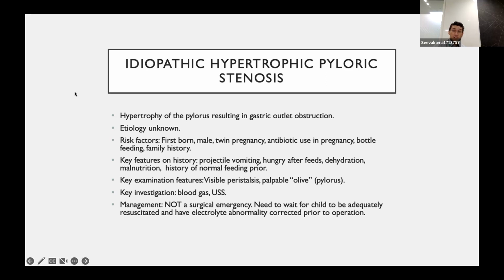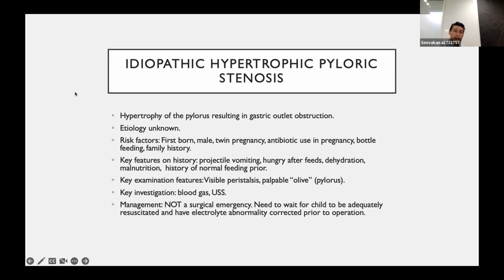The key features on the history we've talked about, so it's the projectile vomiting. The one thing that we didn't talk about, which is really sensitive to pyloric stenosis, is a parent will say, my child vomits heaps, and then they're immediately hungry after the vomit. The reason they're hungry is that they haven't absorbed any of that feed that's gone in.